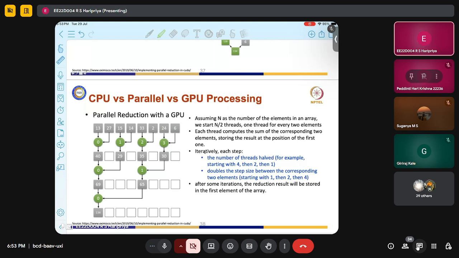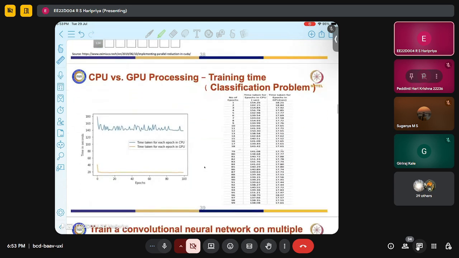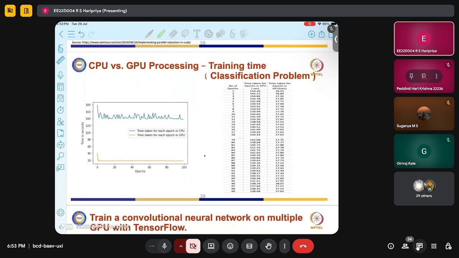Say we start n by 2 threads and one thread for every two elements. In this way, we can perform the task in parallel and reduce the time. This is CPU versus GPU training time. The CPU takes higher time compared to the GPU.